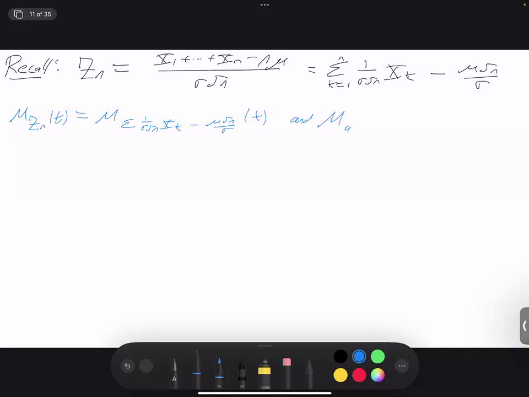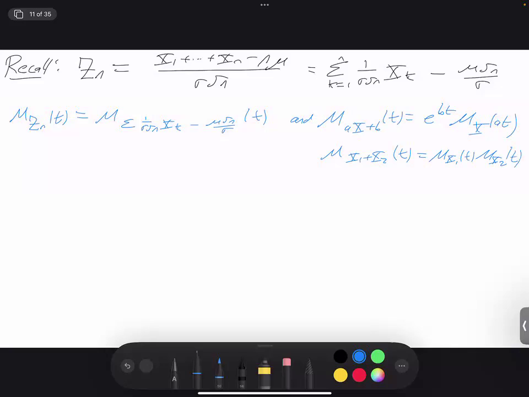And the moment generating function of ax plus b at t was e to the bt times the moment generating function of x at at. Right? And the moment generating function of x1 plus x2 at t was the moment generating function of x1 times the moment generating function of x2 at t.